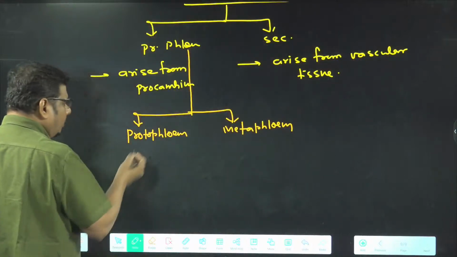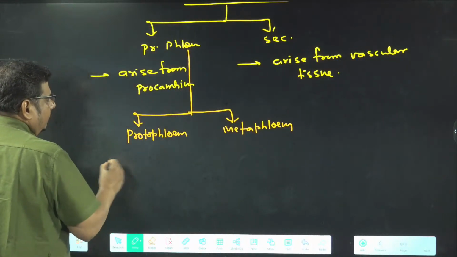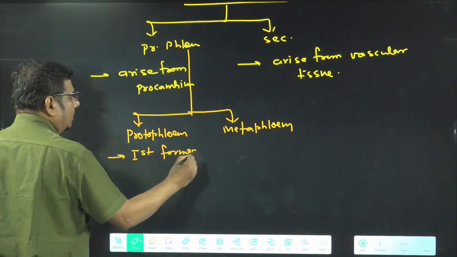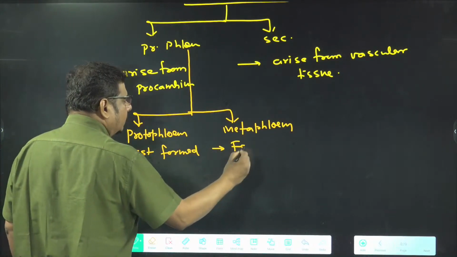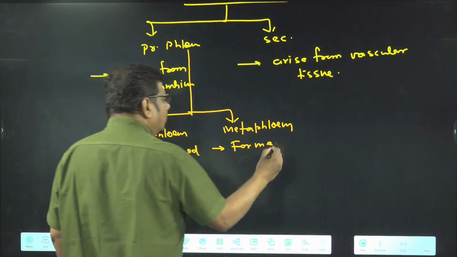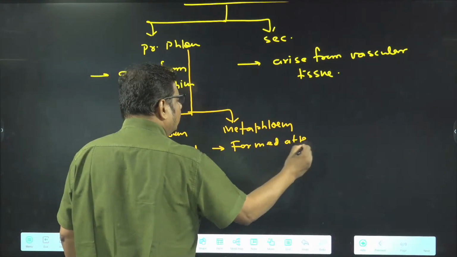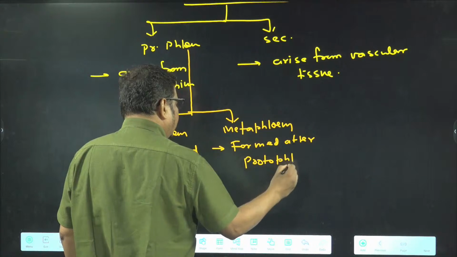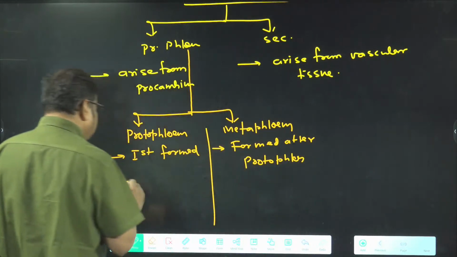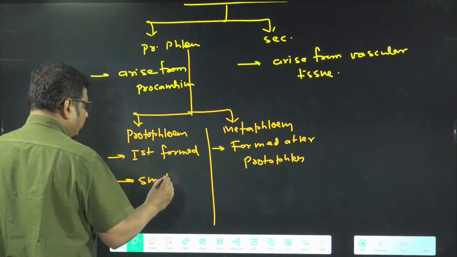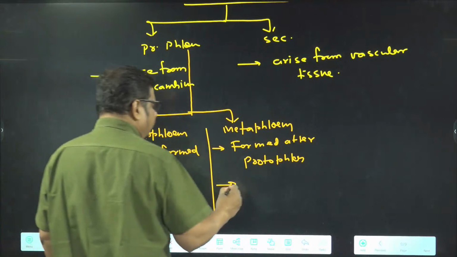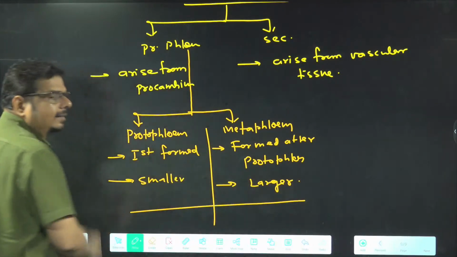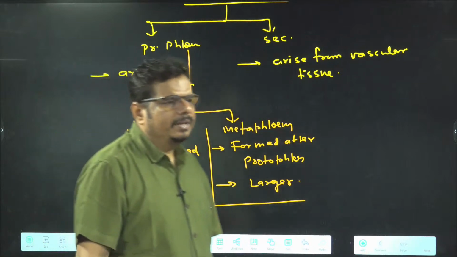If we talk about protophloem, it is formed first, and metaphloem is formed after protophloem, but both are primary. Proto is smaller in size and meta is larger in size. So xylem and phloem are over.